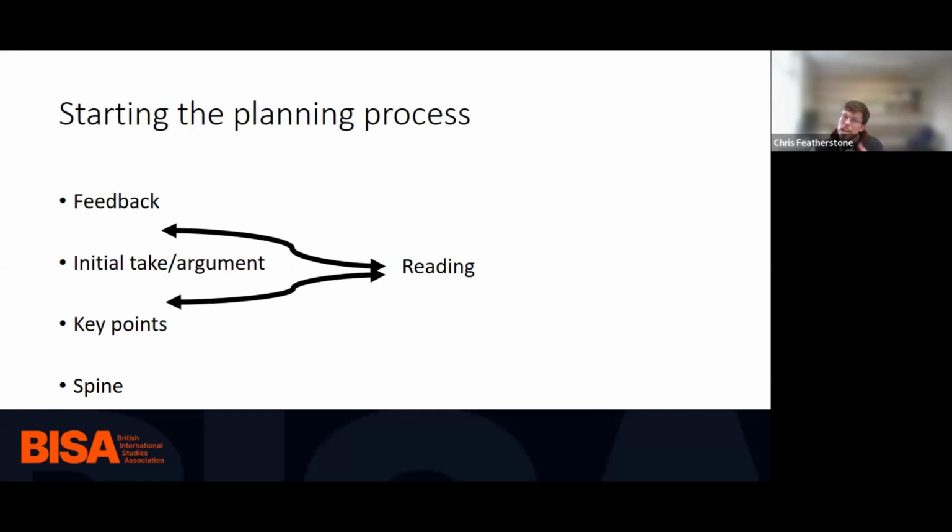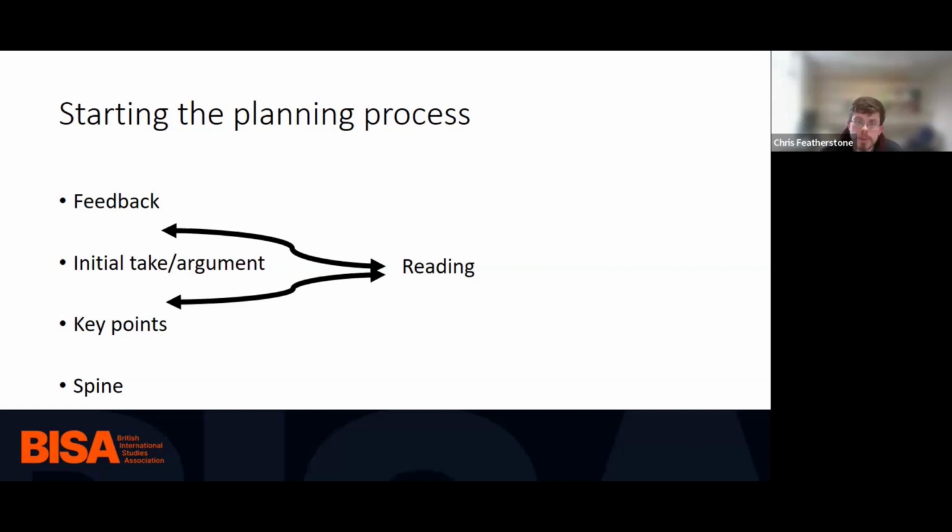Okay, and then you can start drawing on other theories and say, right, I am arguing that realism gives us the best explanation of why the UK decided to invade Iraq in 2003, because of these reasons, and then show why these reasons, whatever they may be, are more effective than those proposed by a liberal explanation or those proposed by a constructivist explanation.